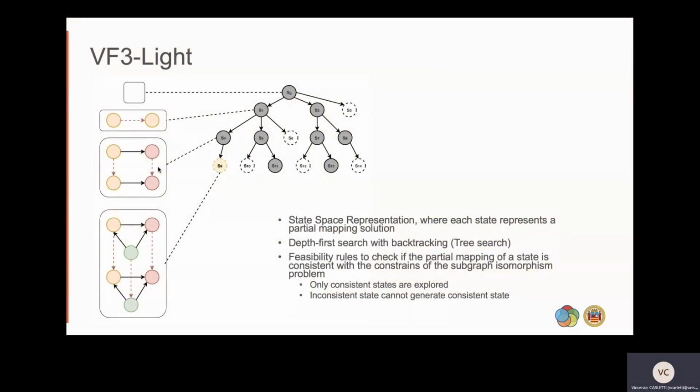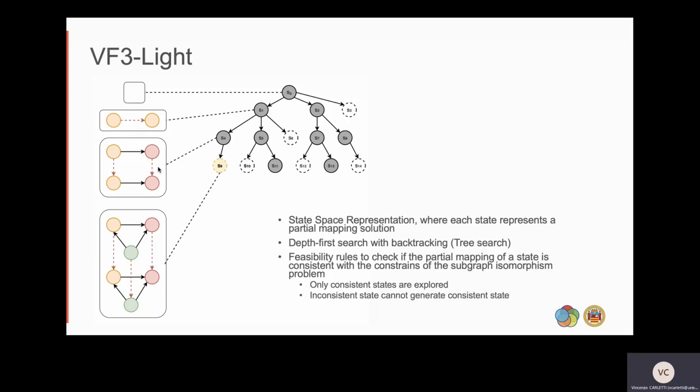We started from VF3Lite, a state-of-the-art algorithm that uses a state space representation where each state is a partial solution of the mapping function that we want to find. In the example, we can see that the first state is an empty matching, so we work iteratively by adding new nodes to this matching.